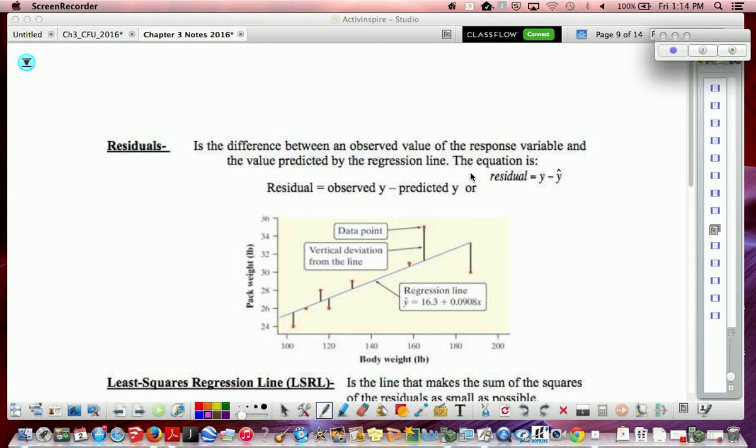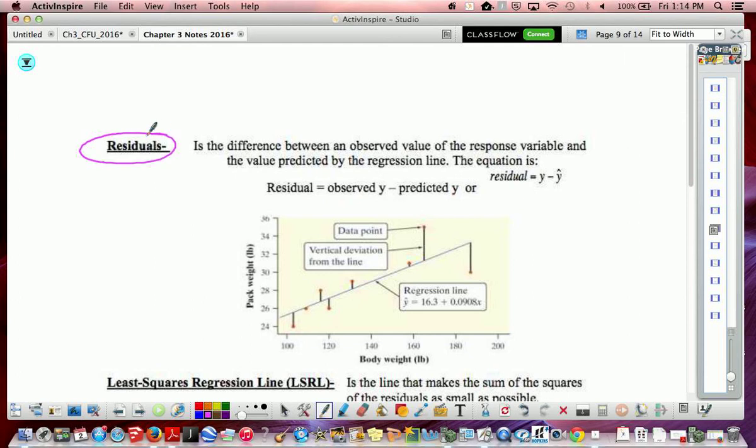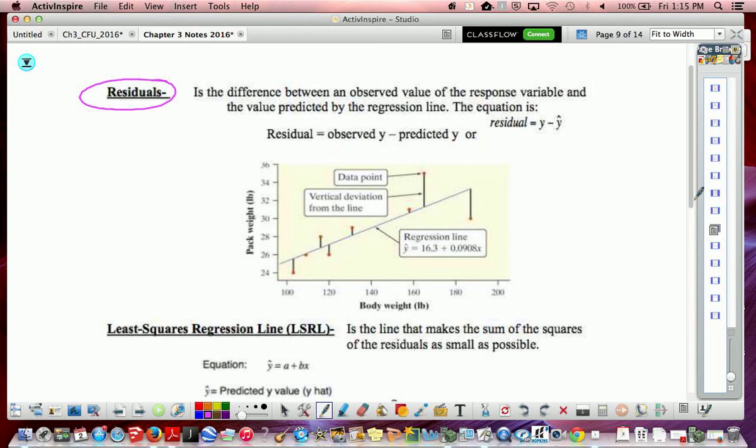What happens for a residual is you're taking your line of best fit, your least squares regression equation that we were finding a little bit yesterday on our calculator, this y hat equals a plus bx. And sometimes we ask you to even graph it on your scatter plot.